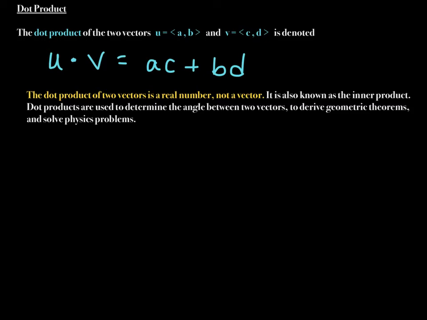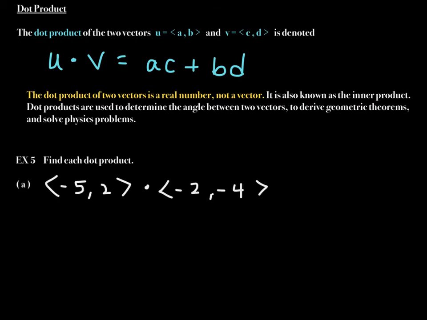Sometimes it's called the inner product, and it's used for a lot of things, but the main thing that you and I will use it for in our class is to find the angle between two vectors. So look at this example. Find the dot product of these two vectors. Now the dot product is going to be equal to the sum of the products of their first components, called the horizontal components, and their second components, called their vertical components.